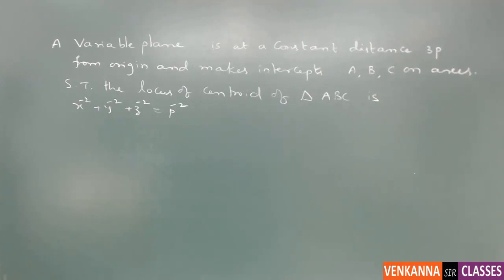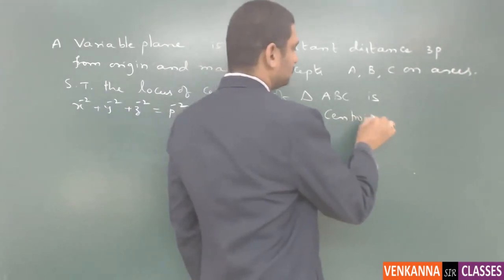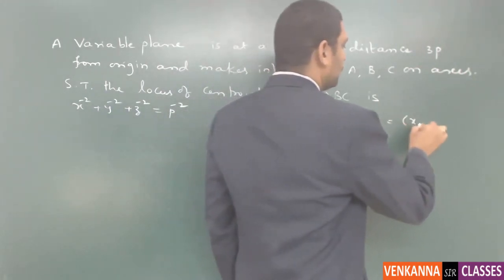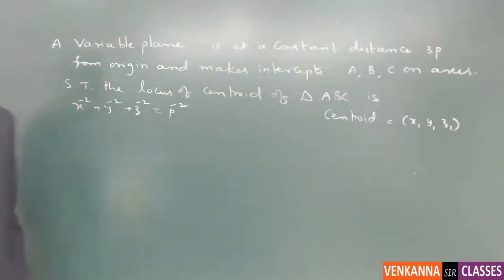Now let us take that the centroid of triangle ABC is x1, y1, z1.